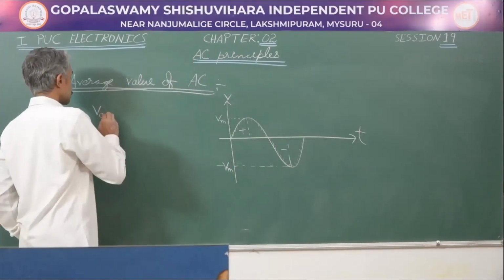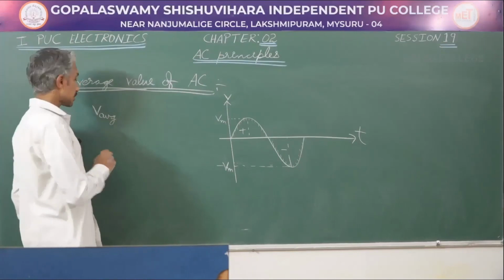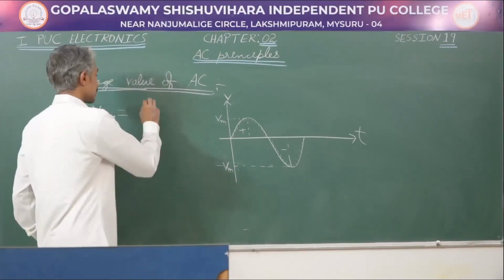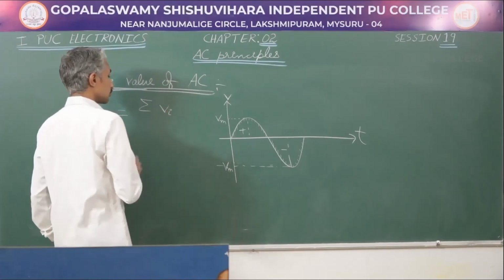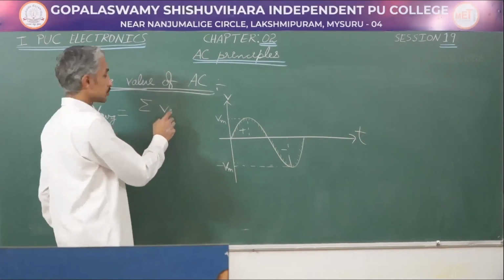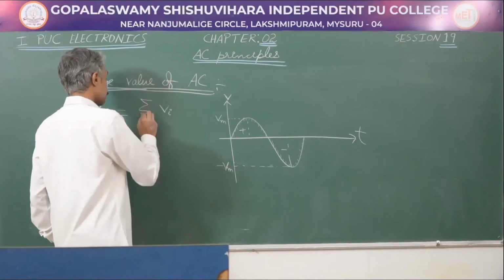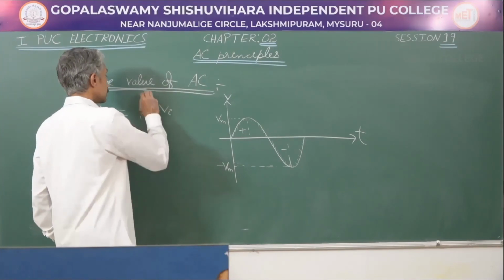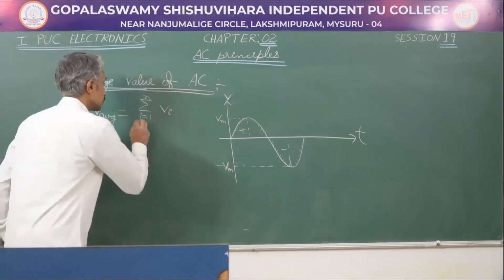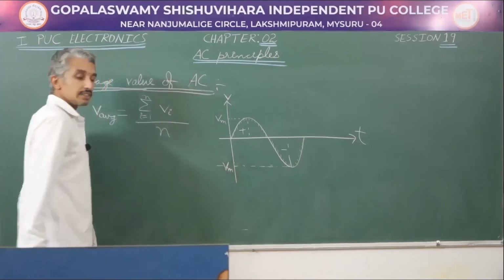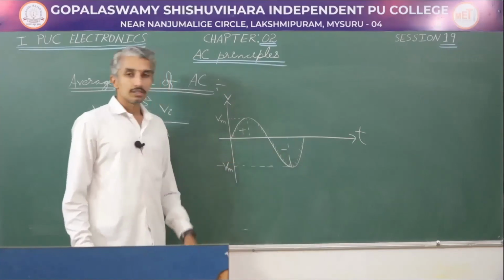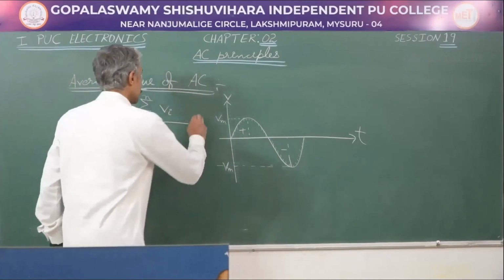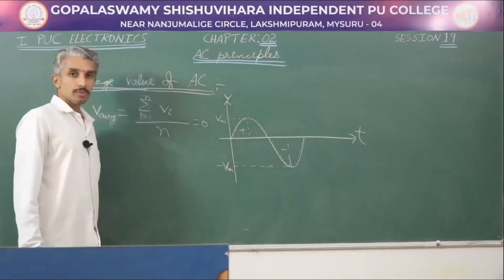Mathematically, V subscript AVG, representing V average, can be written as the sum of all the values V1, V2, V3, V4, V5, from 1 to n values, divided by n. If you do this, positive and negative cancel out and we get 0.